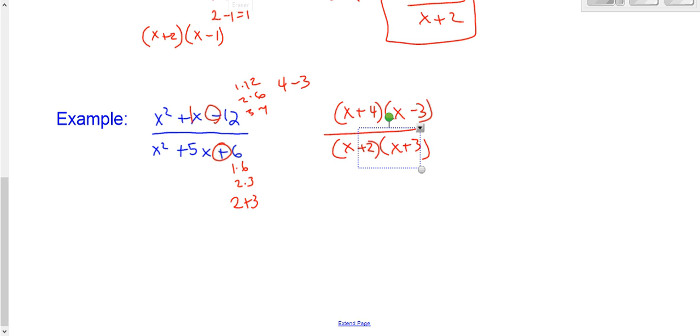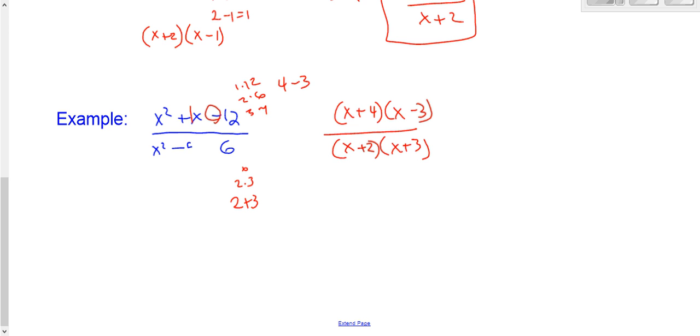I'm guessing that this was initially supposed to be a minus 6. So let's go back and look at that. No, you know what? Not minus 6. It's still going to be plus 6, but it's going to be minus 5x.